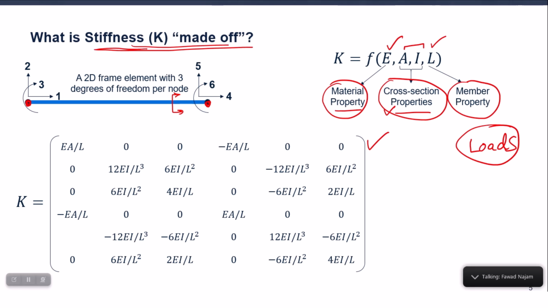So, actually you need to draw the structure also, and finally you need to apply some loads on that structure, right. So, 4 major inputs are required from the user side, whether you are using SAP 2000 or any other commercial structural analysis program.